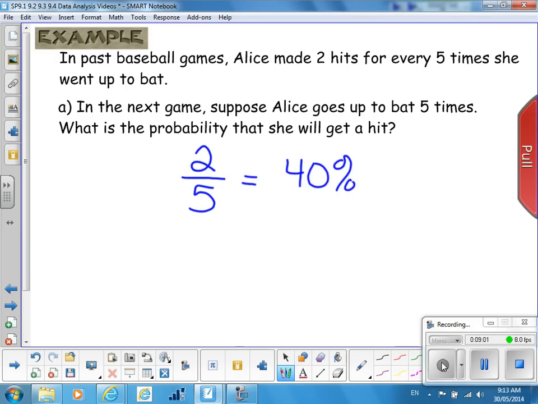We're making the assumptions that the teams are at about the same caliber. That for every other team where she's gotten 2 hits every 5 times at bat, that this pitcher is going to be about the same caliber, or the defense is going to be about the same caliber. If any of those things change, her probability will likely change. But based on the past, so based on the experimental probability, she has a 40% chance of getting a hit.